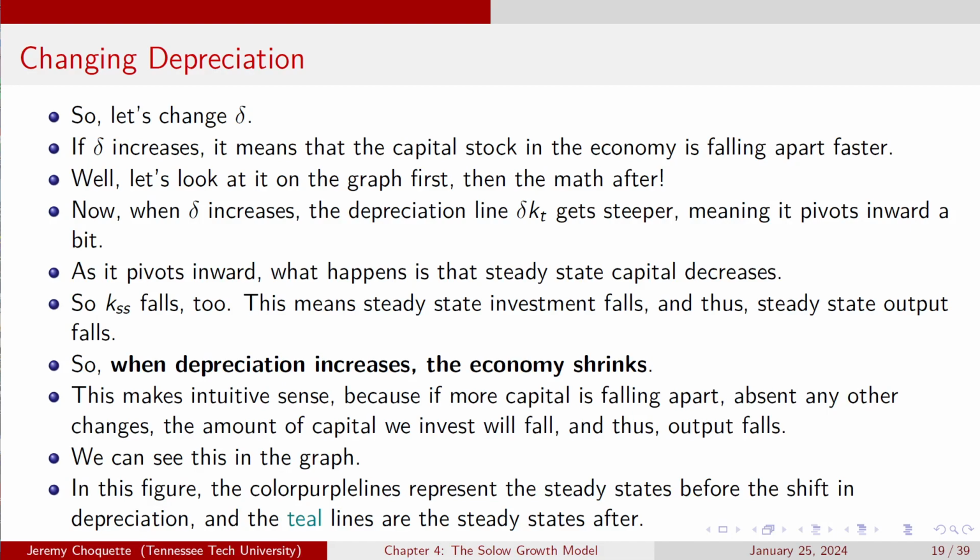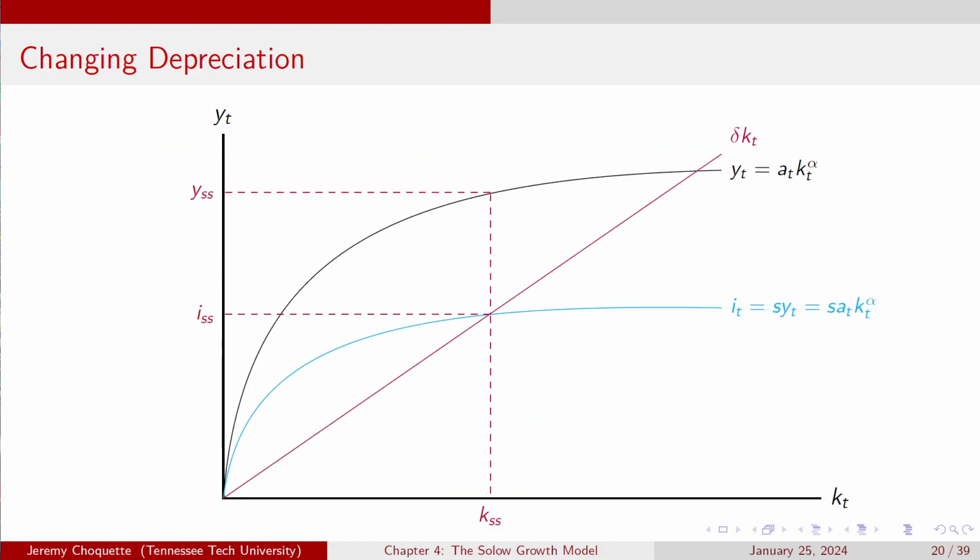So it says color purple lines. Oops, when I was writing this up in LaTeX, I forgot to put in the little slash to get that in there. But the purple lines represent steady states before the shift in depreciation, and the teal lines are the steady states after. And this is where we're first starting out.